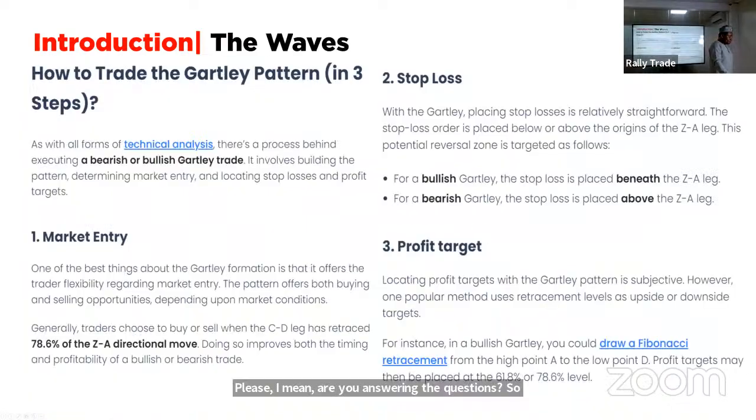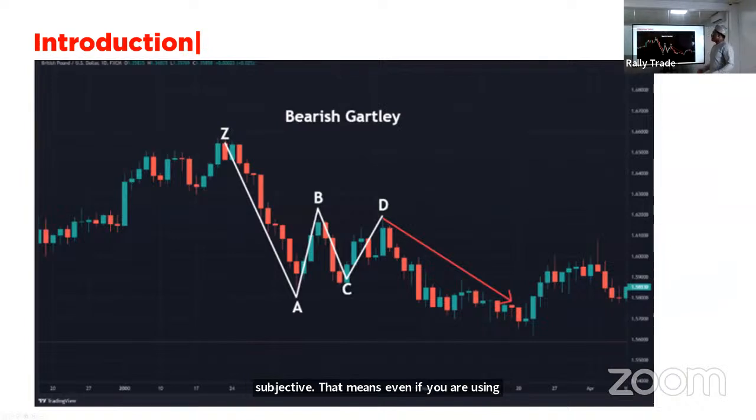Now, profit target. Locating the profit target with the strategy is subjective. That means even if you are using this, for example, this sell entry, if you sell from say this level, your profit is subjective. Some people are looking for 5,000 per day, is that not?